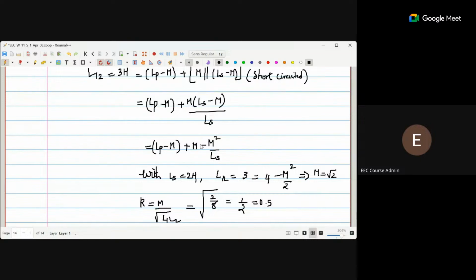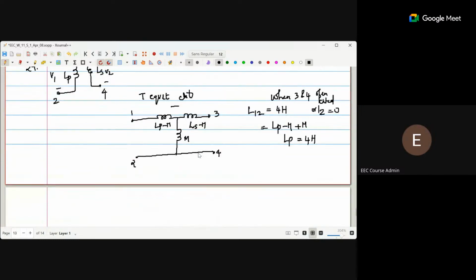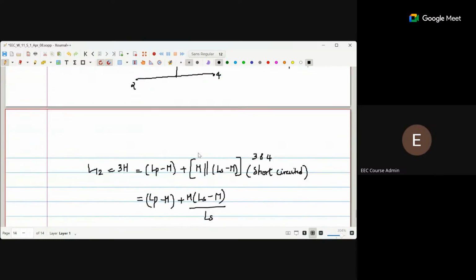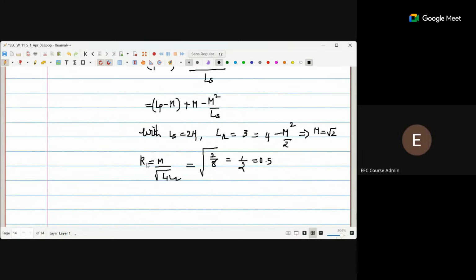So minus M and plus M get cancelled, and this will be M square by 2. We got LP as 4. So 3 equals 4 minus M square by 2, from which we will get the mutual inductance as root 2. Then the coefficient of coupling will be M by square root of L1 L2.